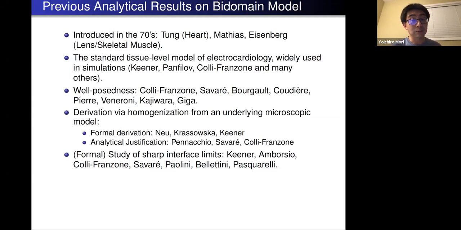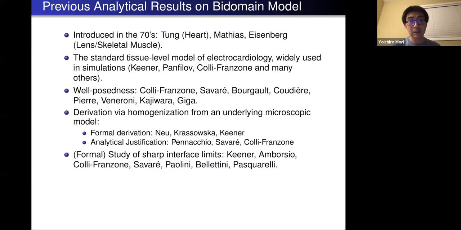As for analytical results, there is early work by Colli Franzone, Savaré, Ambrosio, Veneroni, but I would like to point out the very recent work of Kajiwara and Giga, where they prove some very strong local well-posedness results, in particular for these bidomain equations.